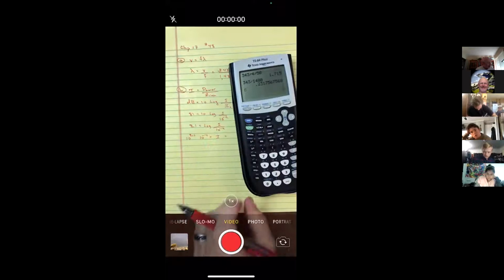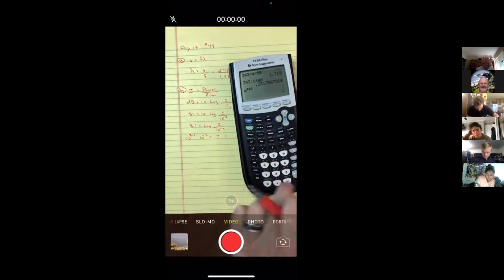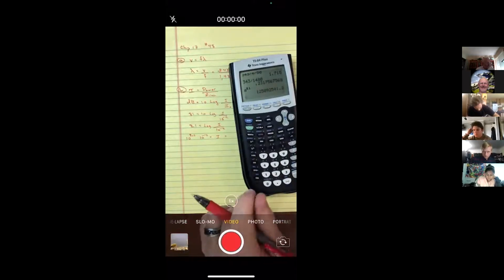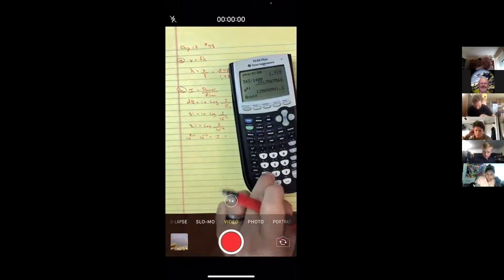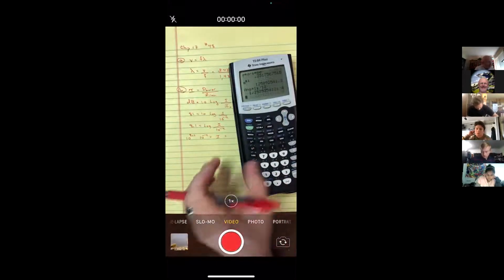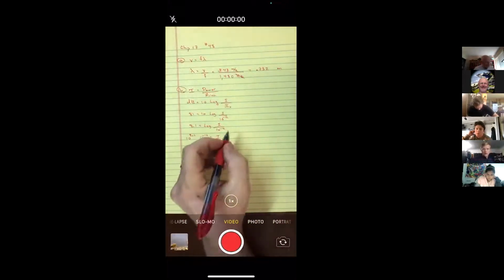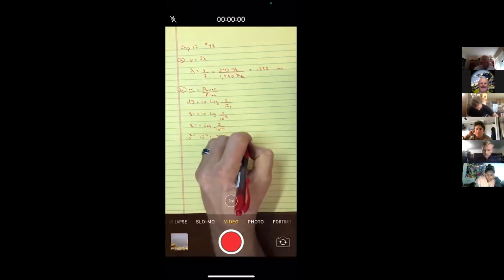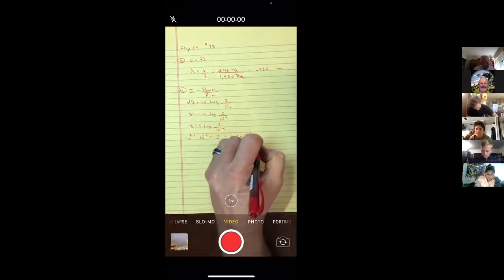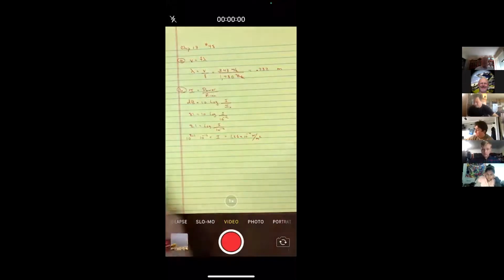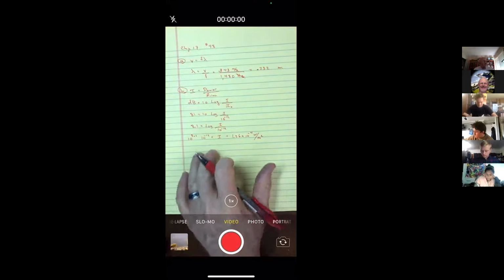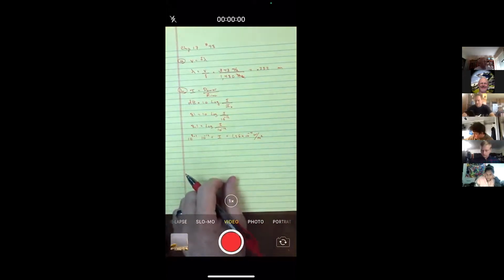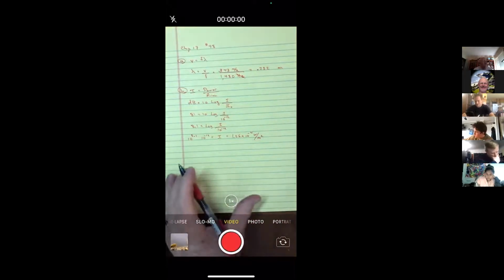All right, so let's take 10 to a power of 8.1 and multiply by 1 times 10 to the negative 12. And it looks like we've got an intensity of 1.26 times 10 to the negative 4 watts per square meter. So it's the sound level, the decibel level there, that allows us to figure out what the intensity is.